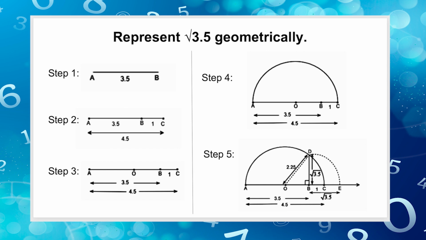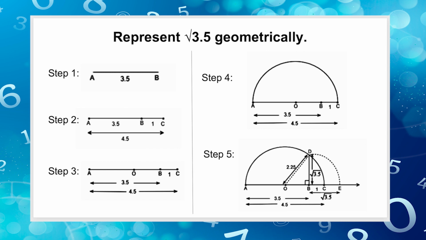Step 2. From B, mark a distance of 1 unit and mark a new point C. In the next step, find the midpoint of AC and mark it as O. Then, draw a semicircle with center O and radius OC.